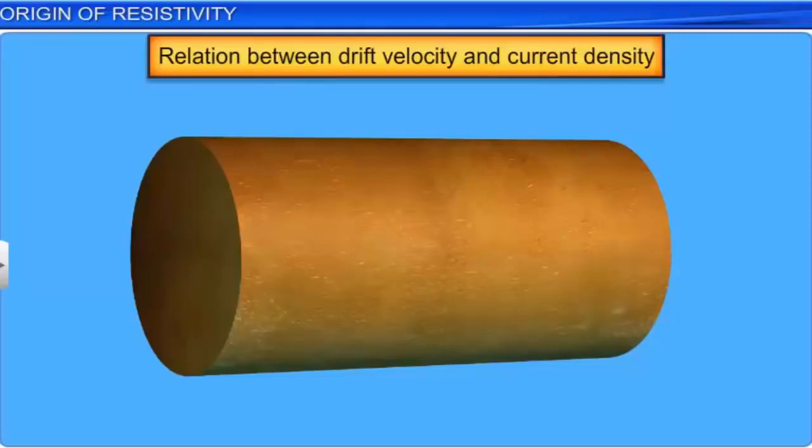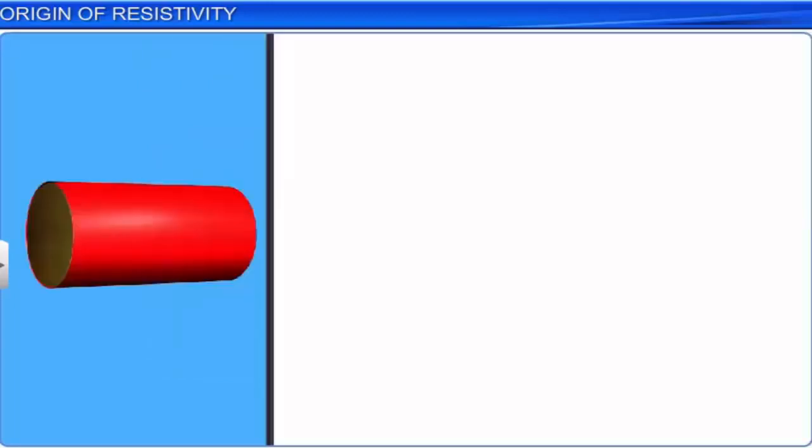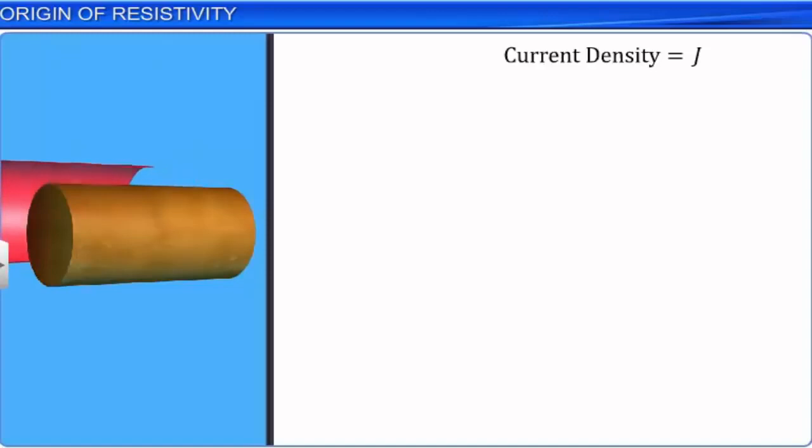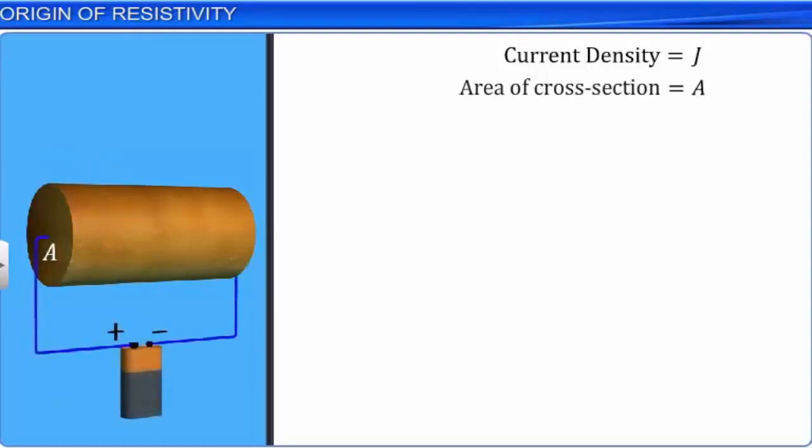Let us now find the relation between drift velocity and current density. We know that the magnitude of the current density, denoted by J, is defined as current per unit area considered normal to the current in a conductor. Consider a cylindrical conductor whose cross-sectional area is A. Let the conductor be connected to an electric source.